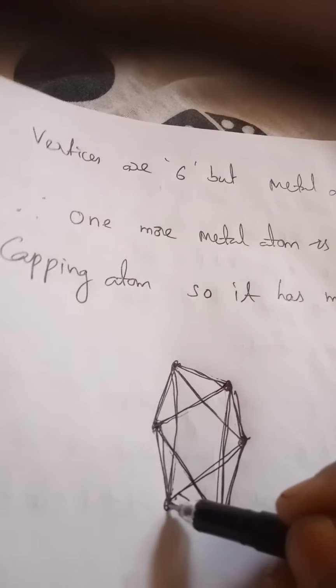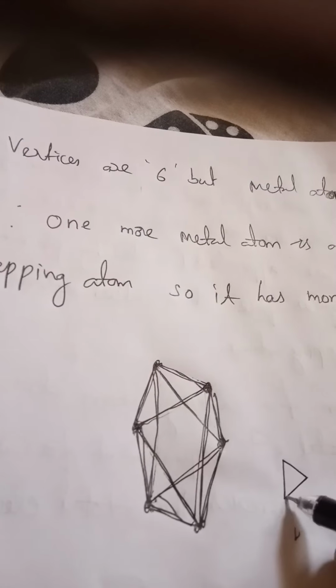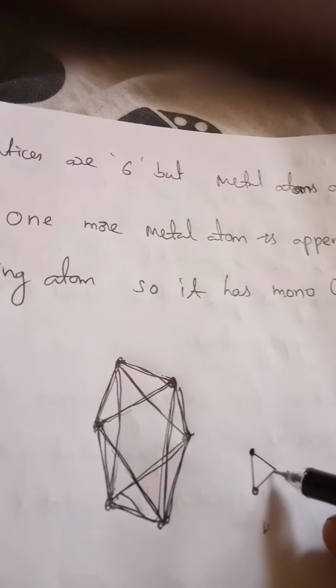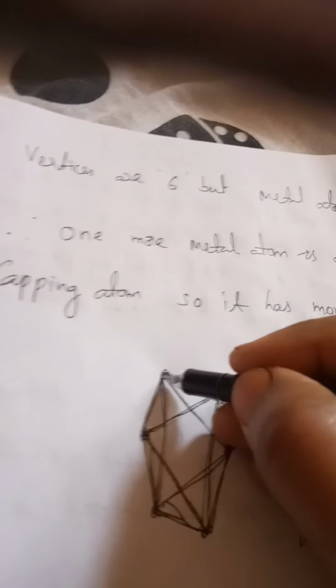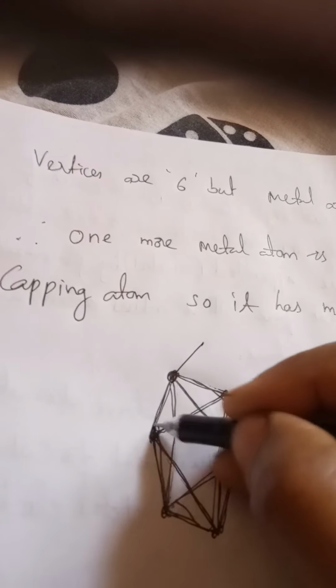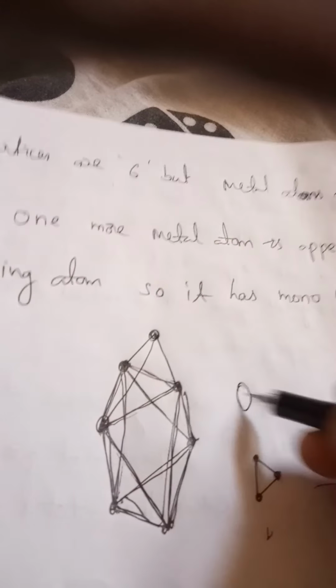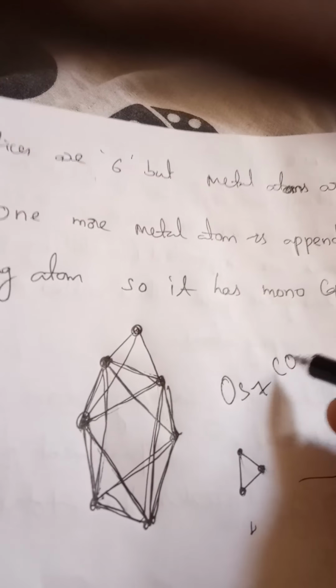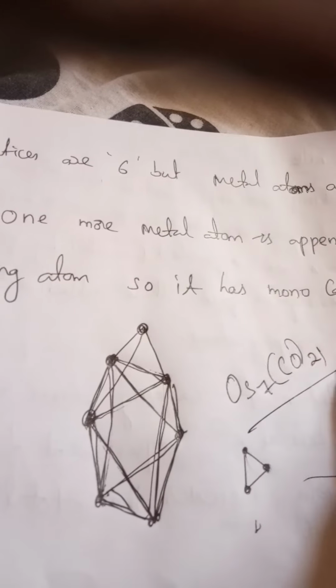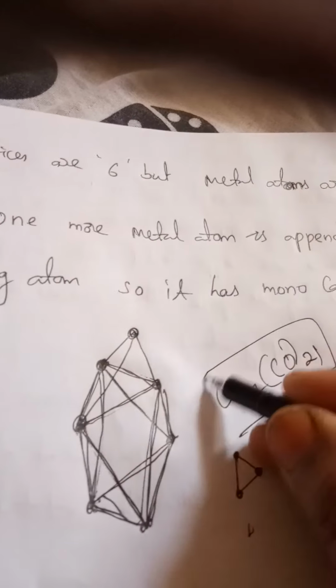Each face is triangular, containing 3 metal atoms. So one more metal atom is appended on one of these faces, which is Os7(CO)21. So this is the structure of this particular complex.